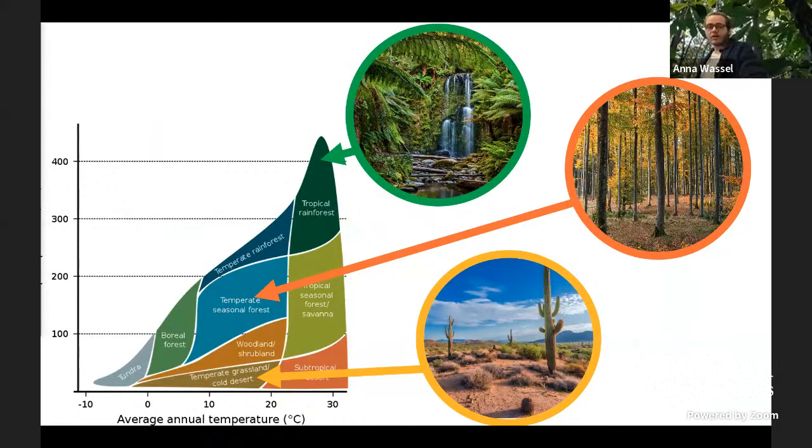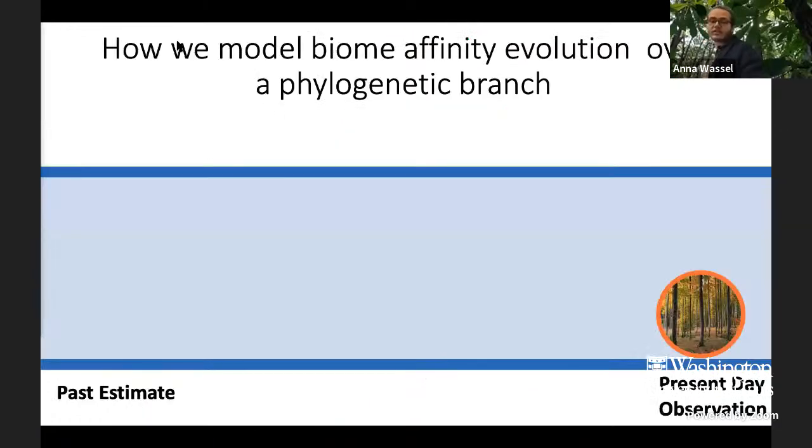So oftentimes when we're modeling these over macroevolutionary timescales, we're interested in modeling the discrete shifts between different biome affinities. In this case, we're showing an instance with a present day observation of a species in a temperate forest.